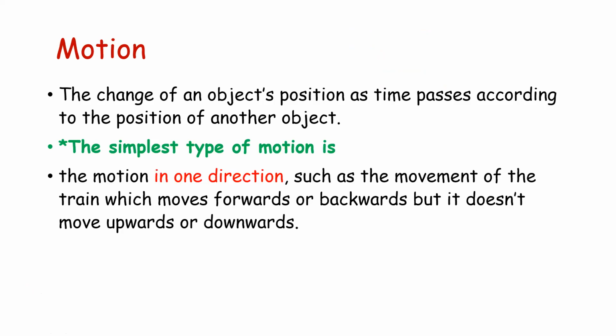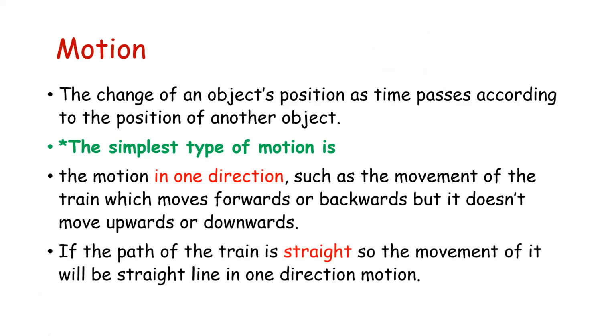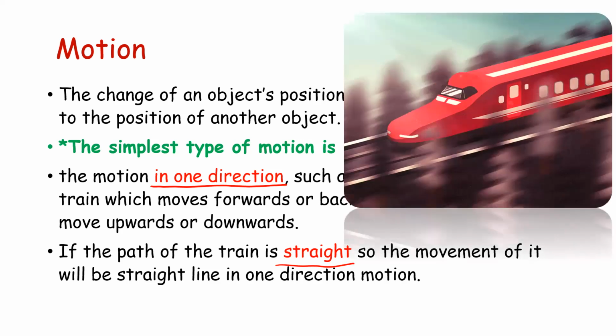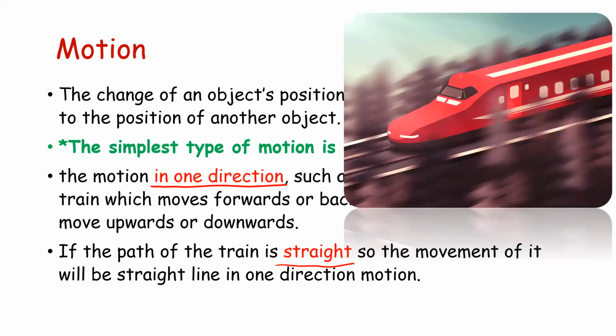If I want to say the motion itself is simple, I need two conditions. What are they? It must be in one direction and it must be straight. What's the easiest example? Very good. It's like the train. The train moves in one direction.